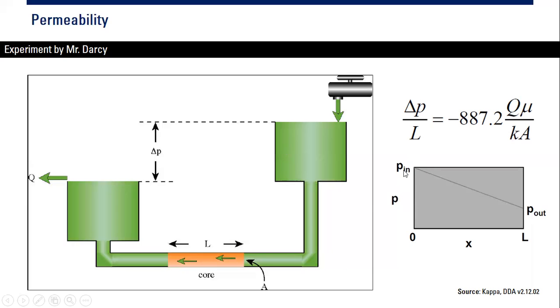So P input here, and P output here, and P in minus P out, we get delta P. Okay, and this is the length from 0 to L. So the total length is L, and he got this linear pressure gradient, okay, with this flow configuration, this linear flow.